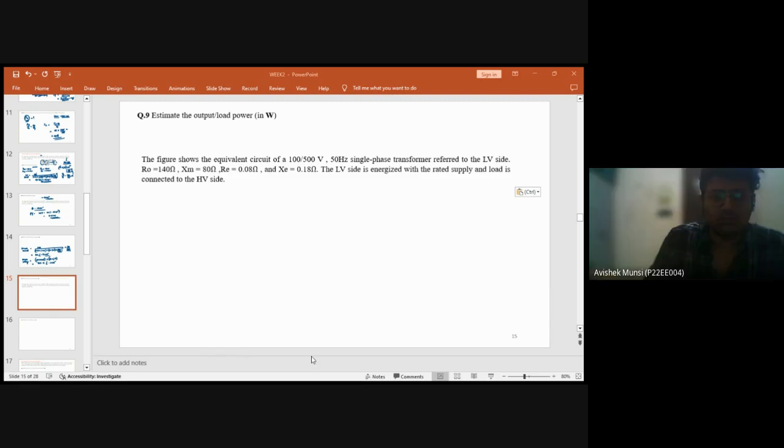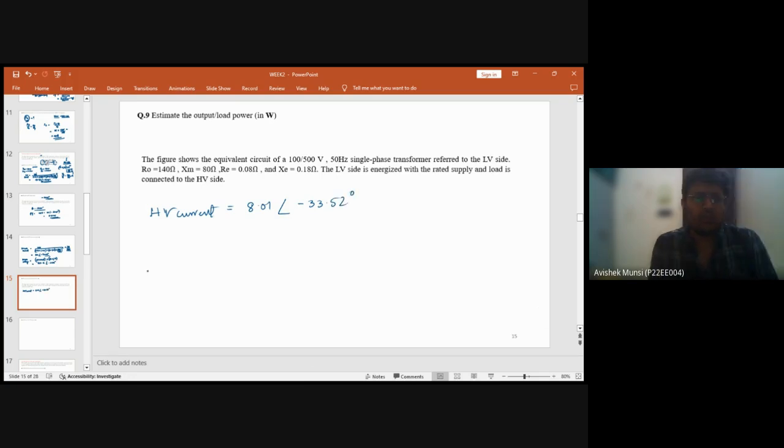See, in this case, we have to calculate the output by load power. We calculated the HV current at an angle of minus 33.52 degrees.